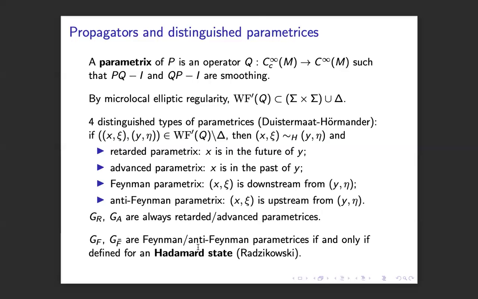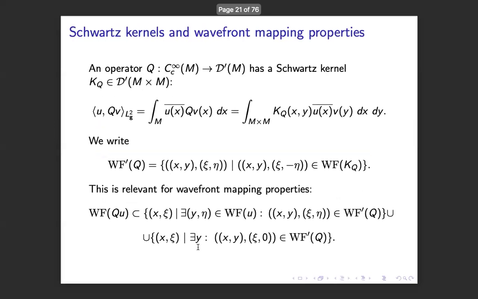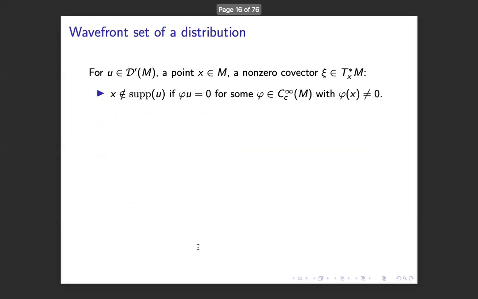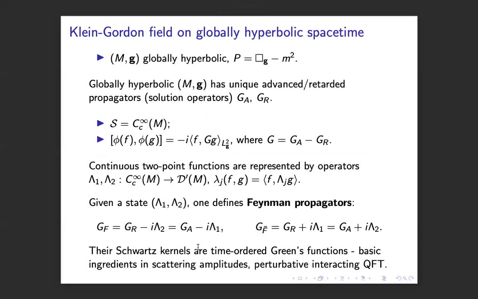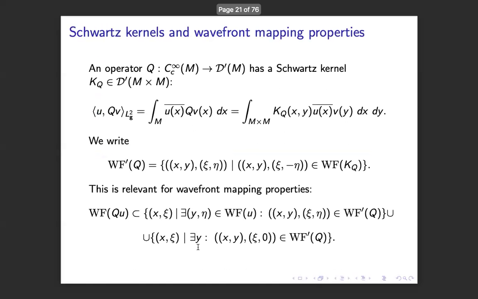If we look at the two-point function as an operator, like this big lambda, then it can be represented by a kernel, and the kernel has a wavefront set. That's how it works formally.